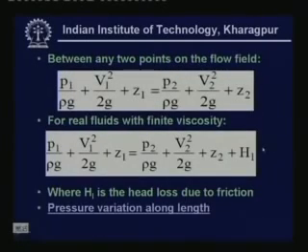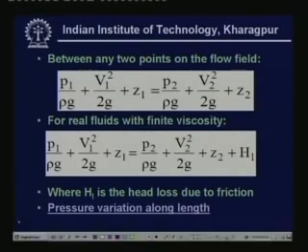Now, between any 2 points in the flow field you can write Bernoulli equation in this form. For example, I am writing this between point 1 and 2, then the summation of static head plus velocity head plus head due to datum is equal to the static head plus velocity head plus datum head at point 2.